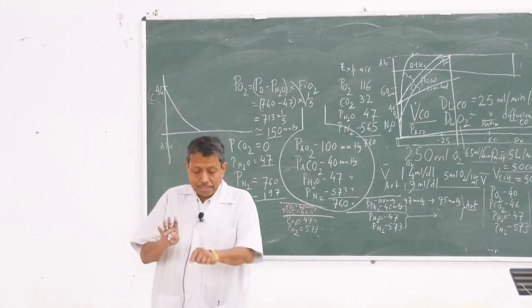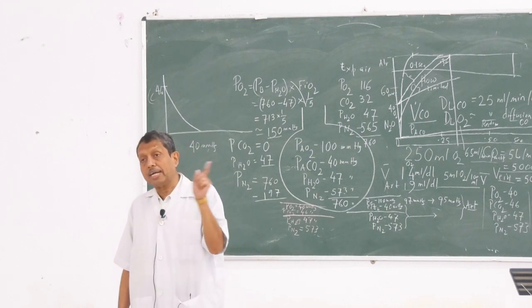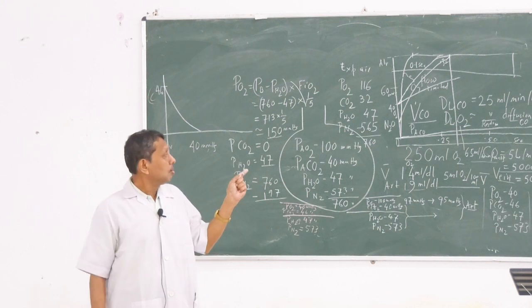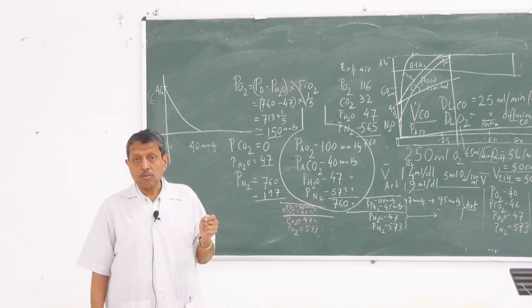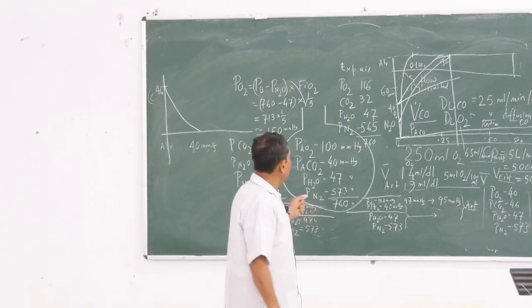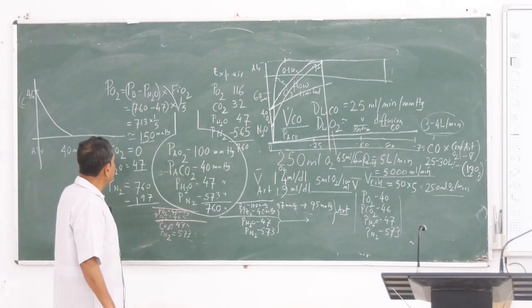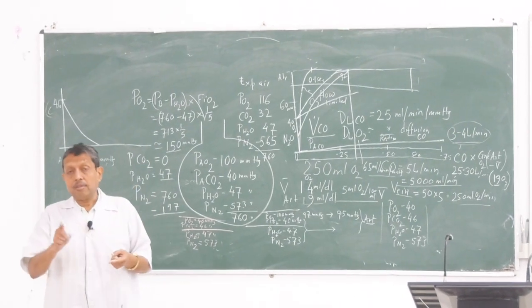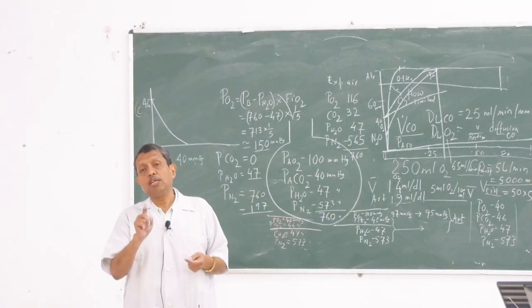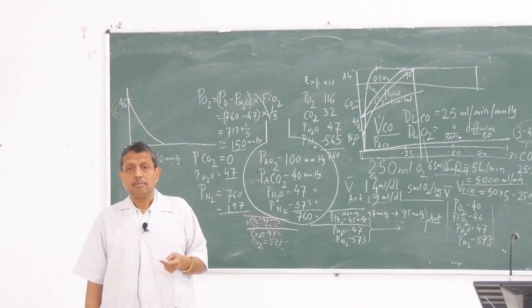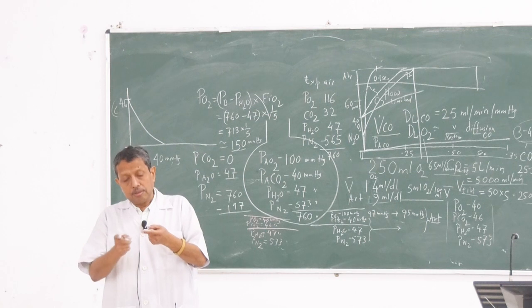So that is some discussion regarding the diffusion of oxygen and carbon dioxide in the lungs. Now, if there is hypoventilation, then CO2 increases. If PaCO2 increases, then there is hypoventilation.